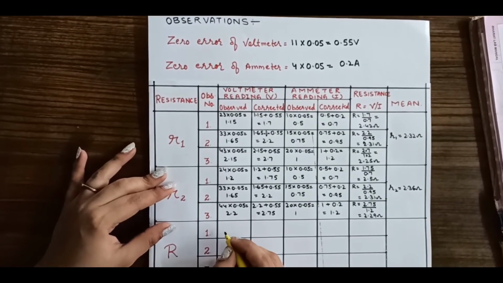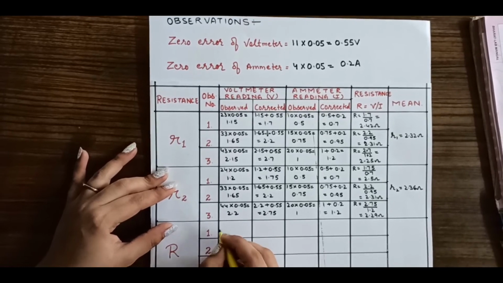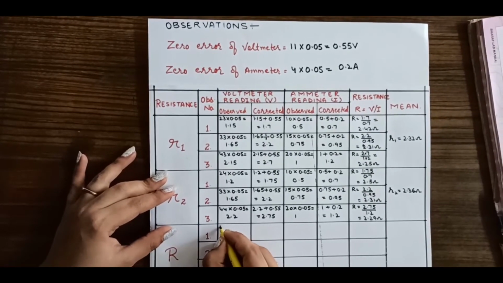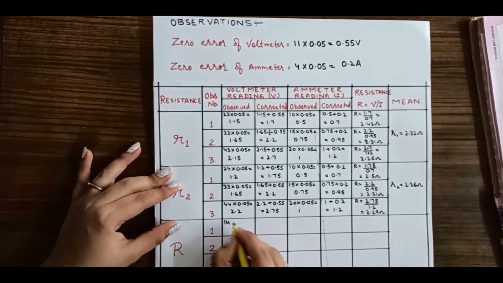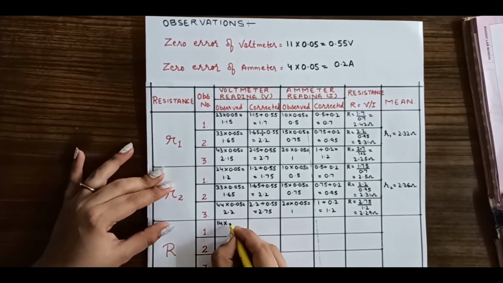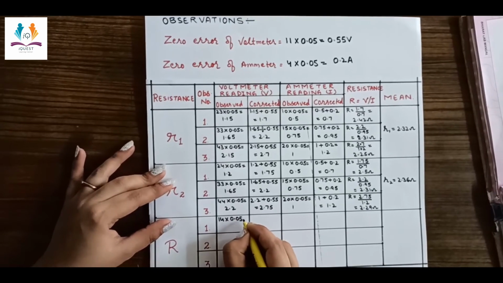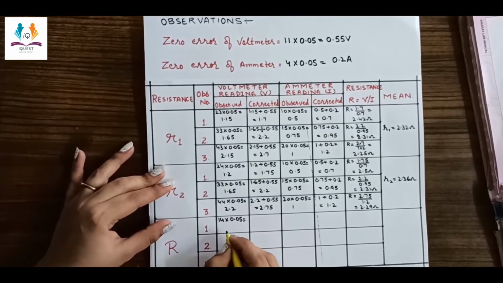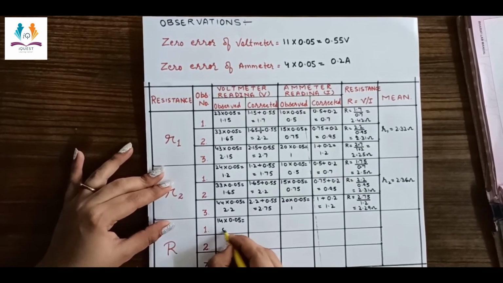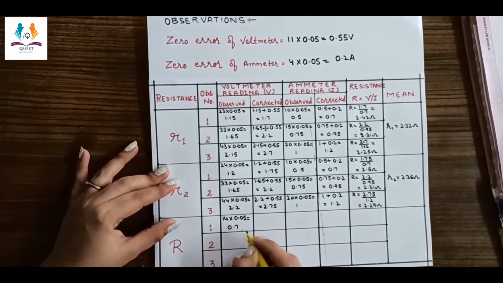Now the first reading in the voltmeter was 14 divisions into the least count of the voltmeter, that is 0.05, and it is equal to 0.7 volts.